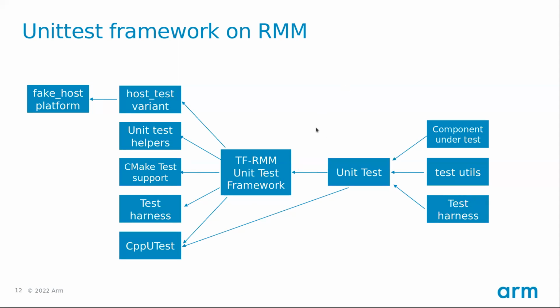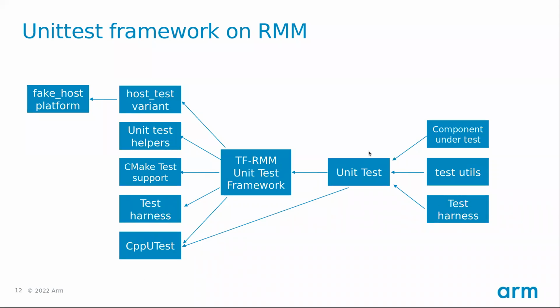And then on the right side, we have the unit test. For each component that we want to test, we will write a unit test. In my example, I'm going to explain how we implemented a unit test for the granule component inside the RMM library. This unit test depends on the unit test framework and on the CPP test framework as well.